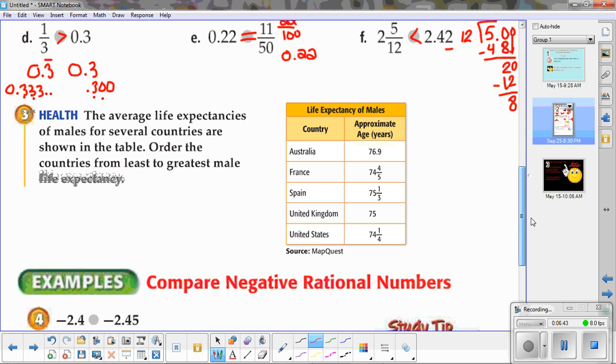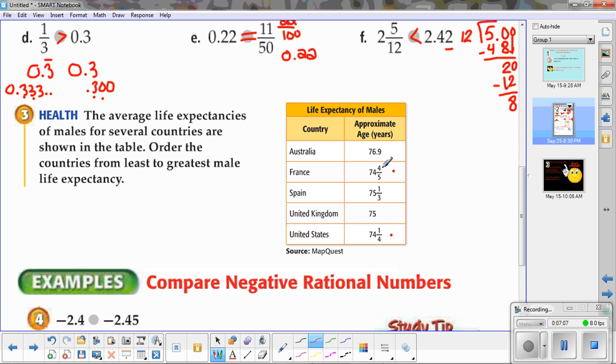Our third example wants us to put some numbers in order from least to greatest. If I take a look over here, all of my numbers are positive, and I can tell that I'm going to need to choose between this one and this one for the smallest.